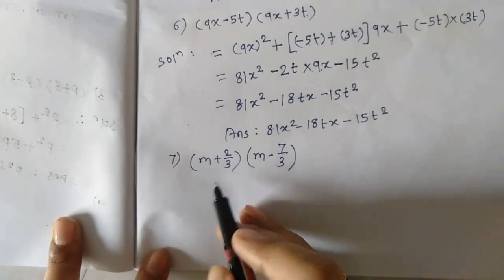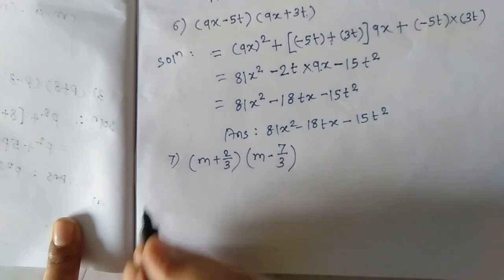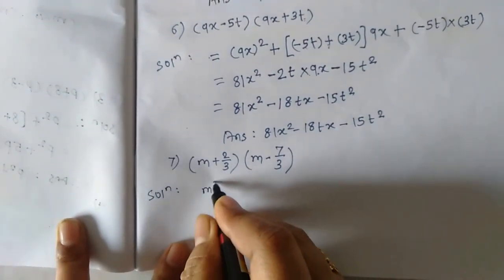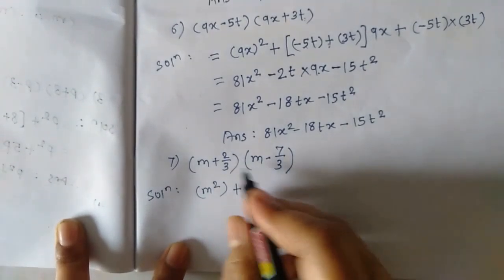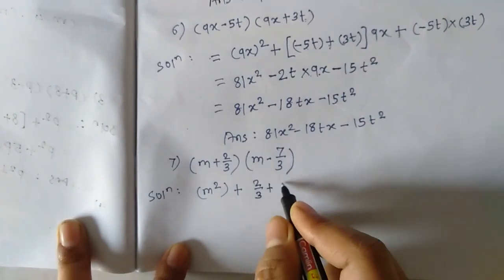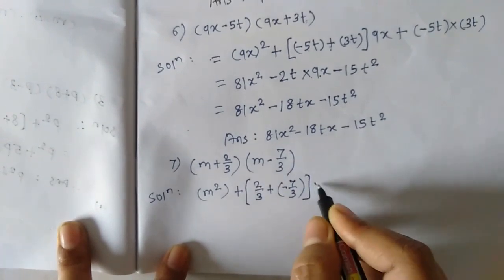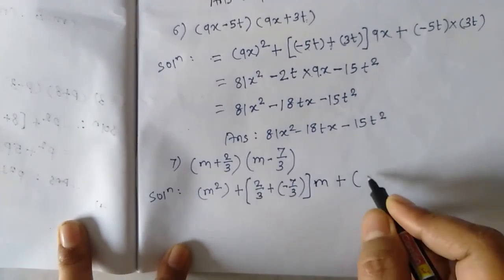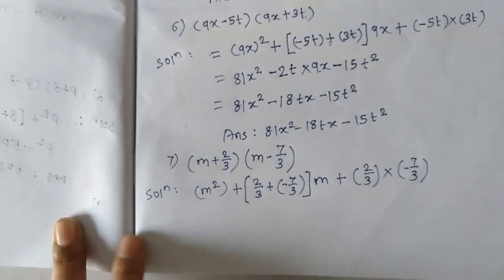See the next question. m plus 2 upon 3 into m minus 7 upon 3. So write down the solution by applying the formula. First term square, that is common square, is m square, plus take the addition 2 upon 3 plus minus 7 upon 3 into m plus 2 upon 3 into minus 7 upon 3.